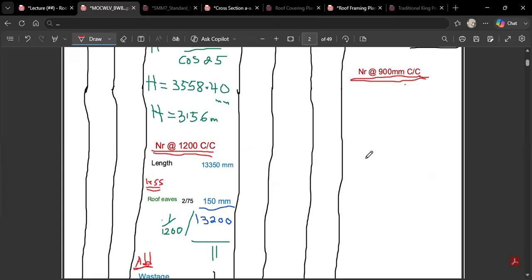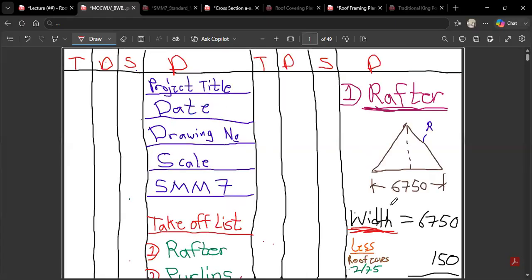So take note. We said that the rafter is equal to 3558. Okay, that is the length we had for the rafter. Let's go back. I'm saying this because I want to show you something. When we calculated for the rafter, how did we get it?